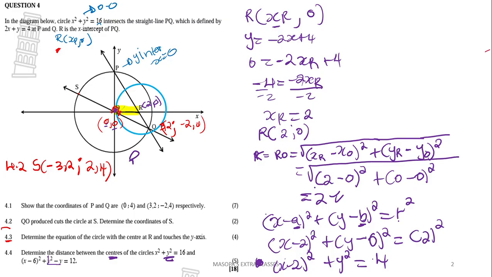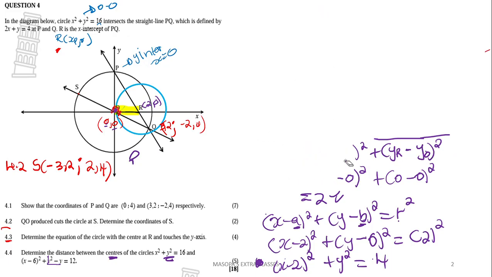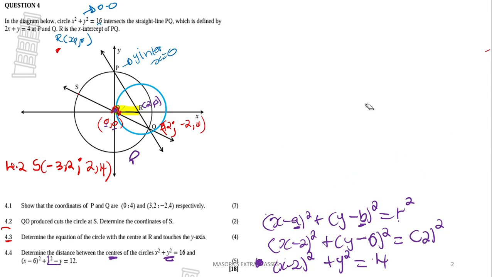So it means that now you must complete the square on that second equation of a circle, so that you can determine the distance between those two circles. So let's determine those equations of the circle.